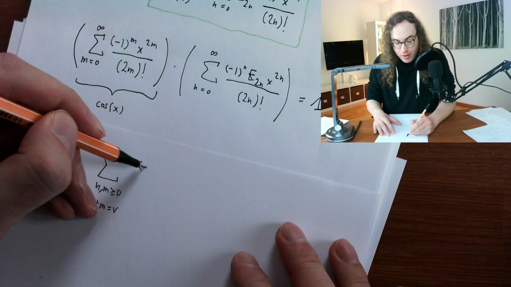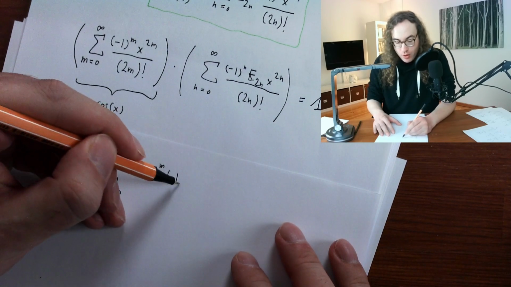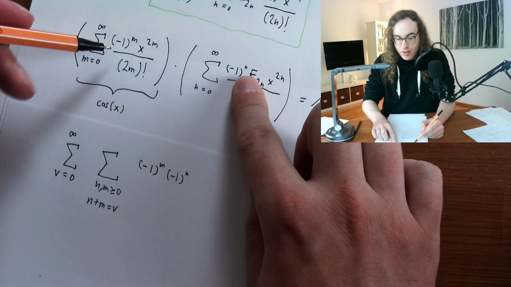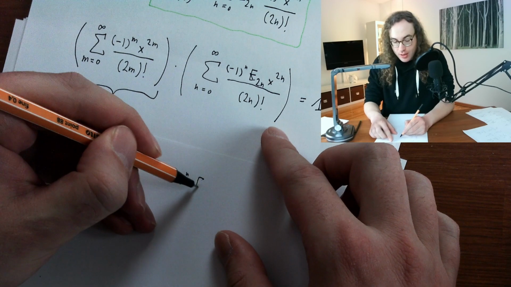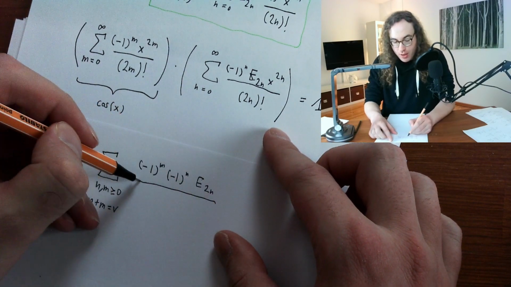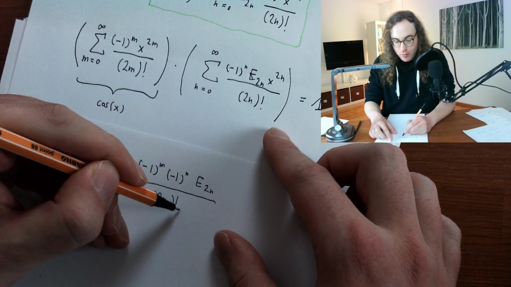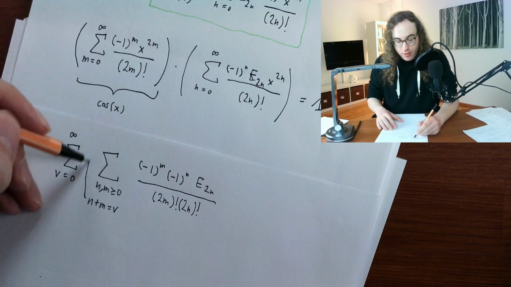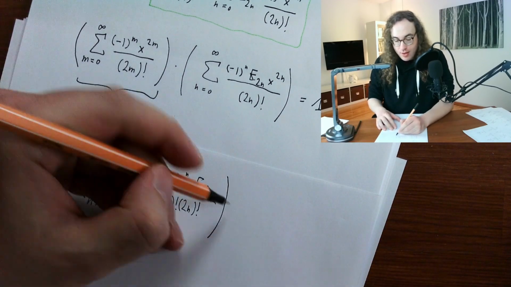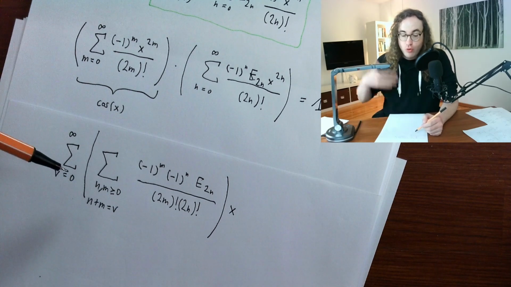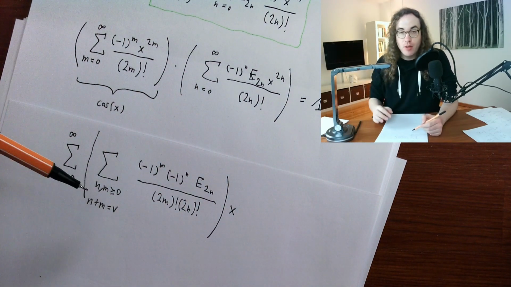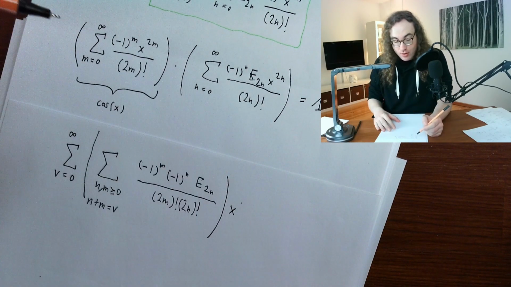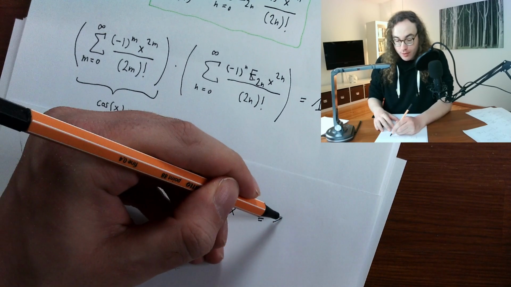The terms are minus 1 to the m times minus 1 to the n, so now I have these two. Then E_n, and then divided by 2m factorial times 2n factorial. And then all this goes into a big bracket, and then it's times x to the 2 times n plus m, but n plus m is v, so this is x to the 2v, and this is 1.